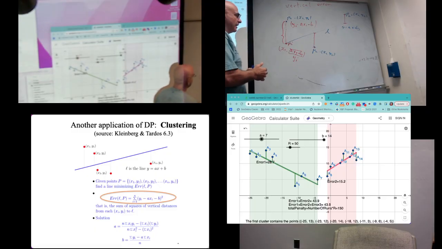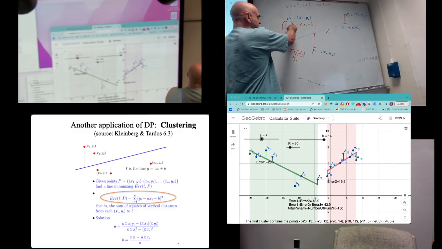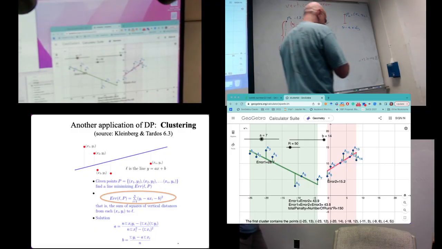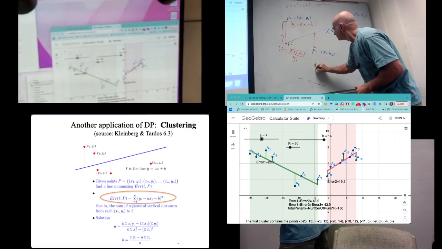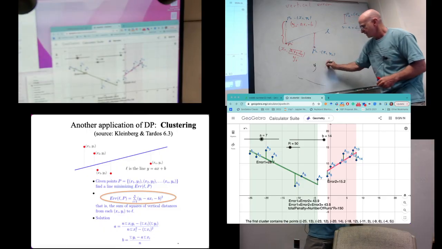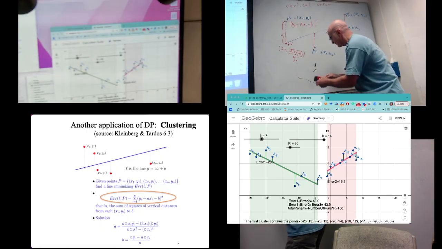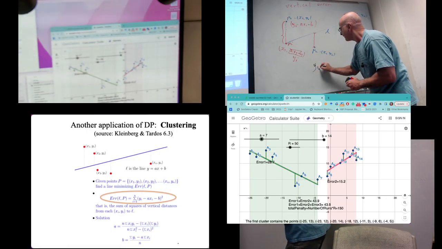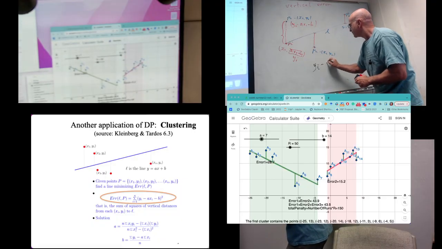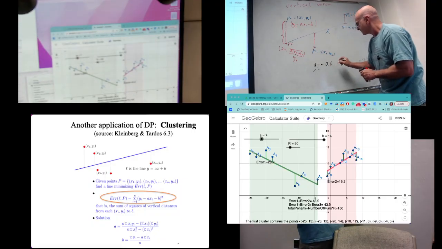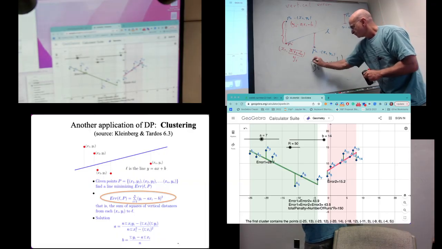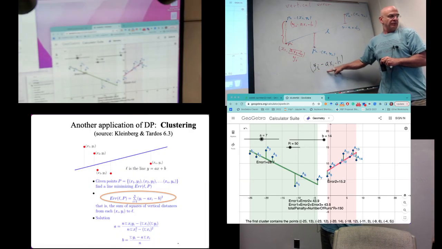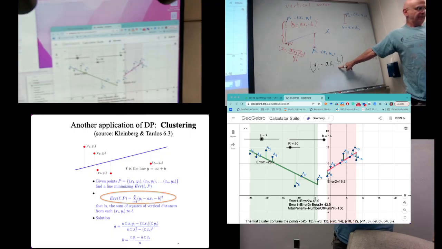So what I actually want to do is to take this expression, not necessarily for 1, but yi minus axi minus b. This is what we said is a vertical distance.